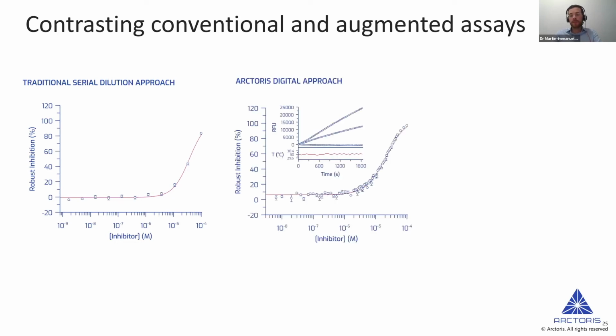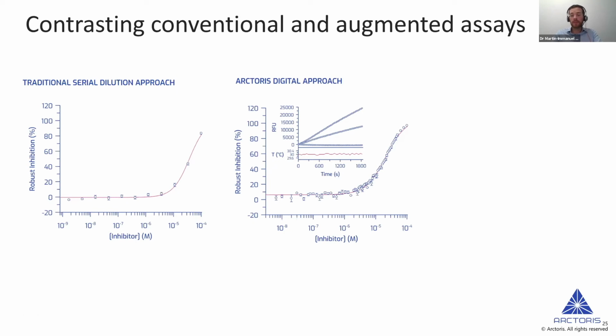At the same time, when looking at a fully automated approach, in this case from our own laboratory, instead of relying on a handful of data points and interpolation, we can generate 10 times, 50 times the number of data points. We can really track every single possible inhibitor concentration and actually generate a data point instead of interpolating between 1 or 2 of them.